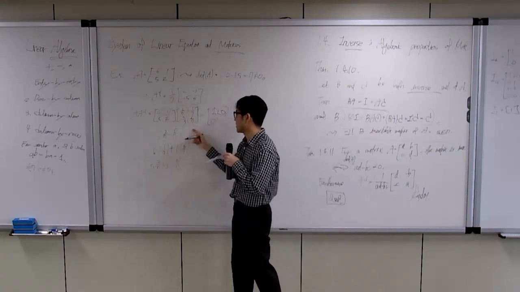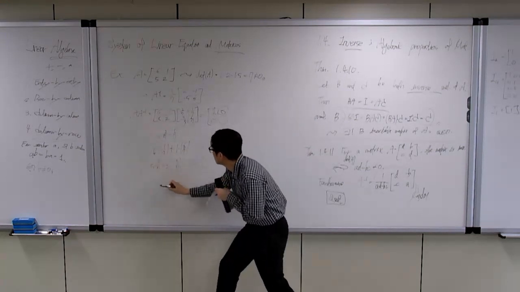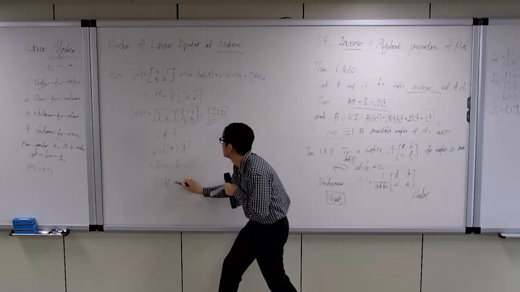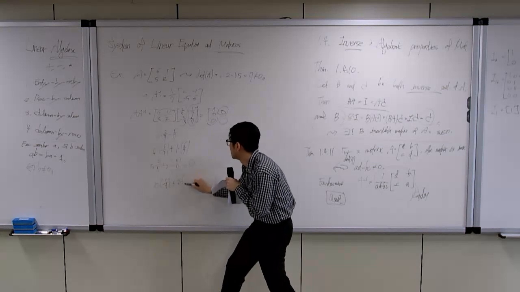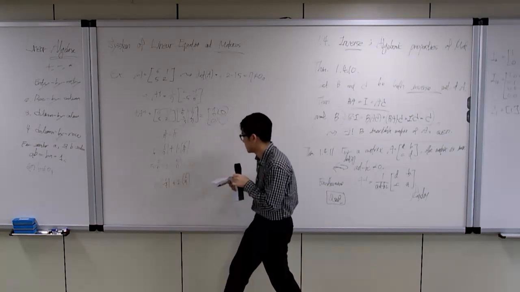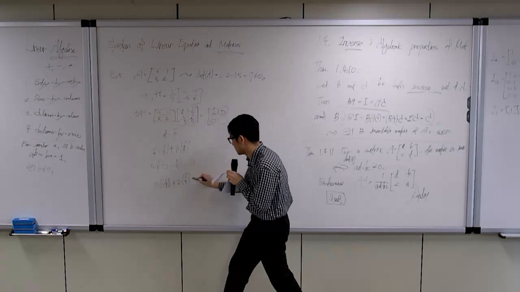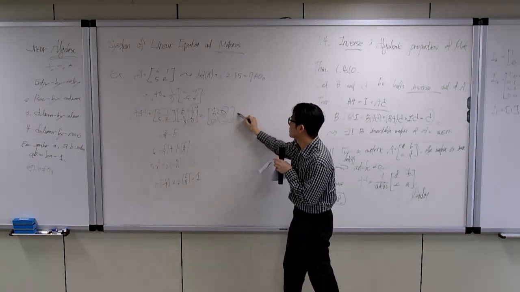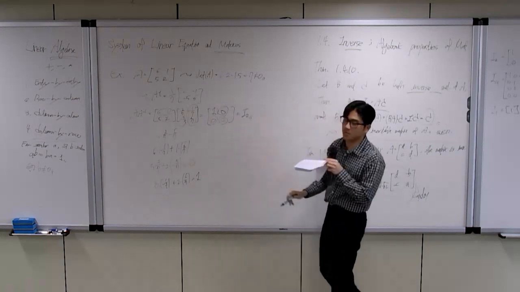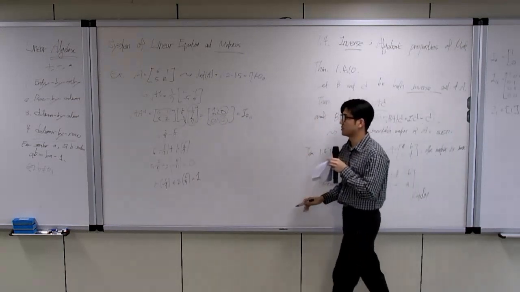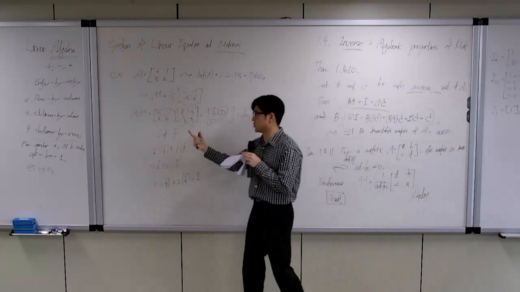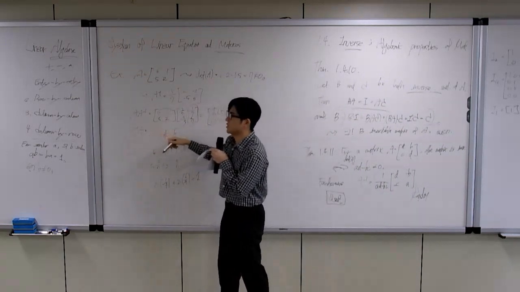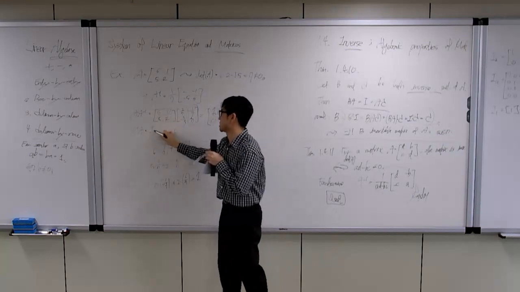And finally, 5 dot 1 over 7 plus 2 times 6 over 7 is 1. So we get the identity matrix. And if you try to calculate A inverse A, it also gives the identity matrix.